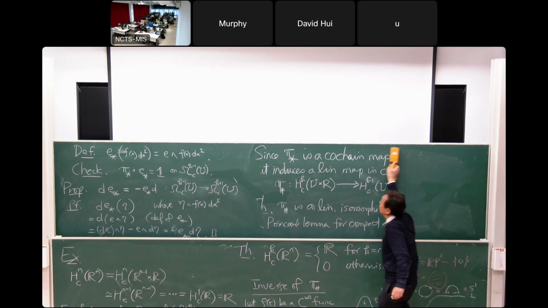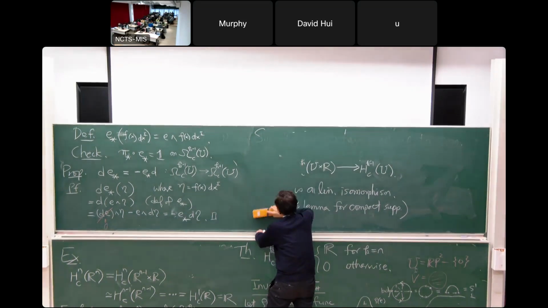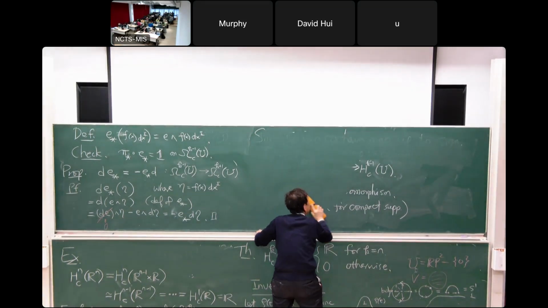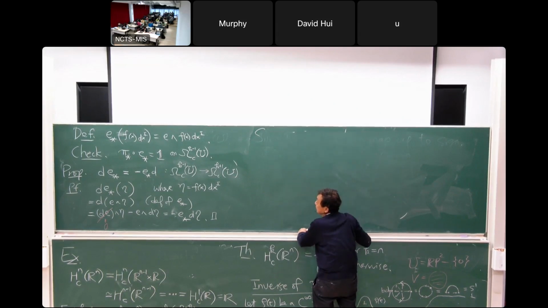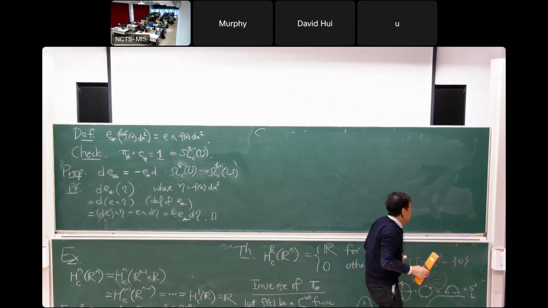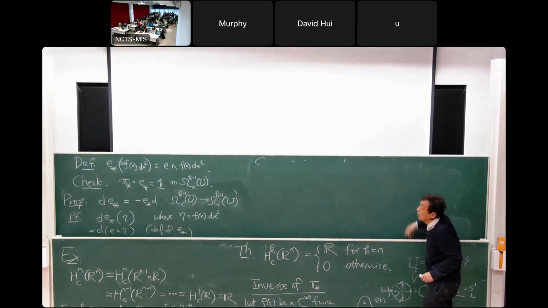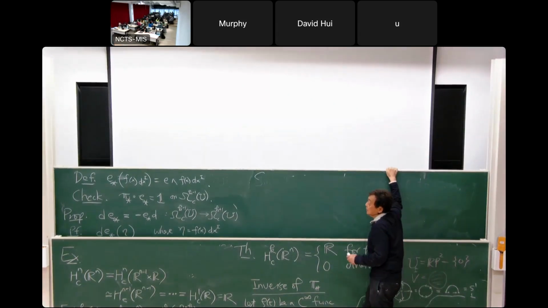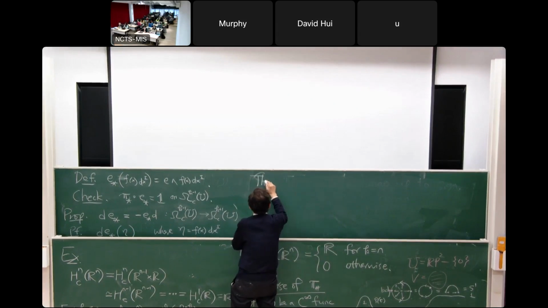So let me see. Thus, E lower star induces a map in cohomology.